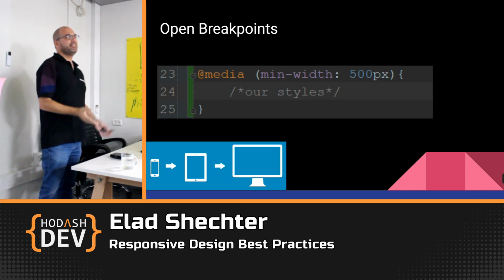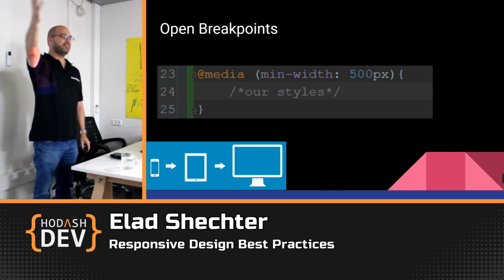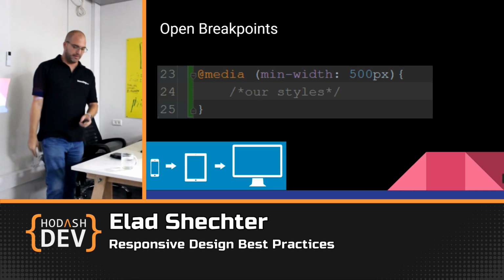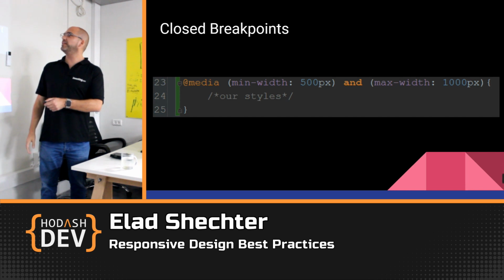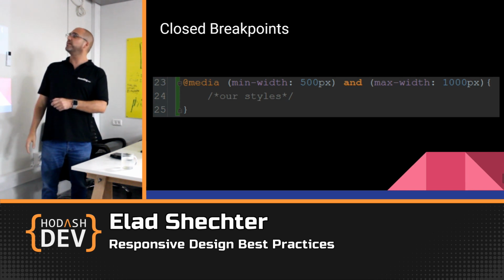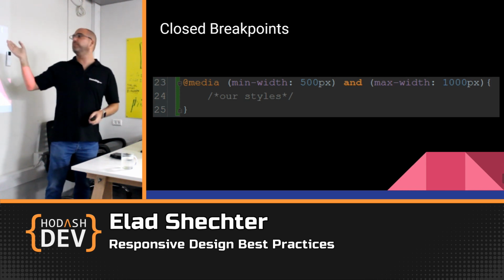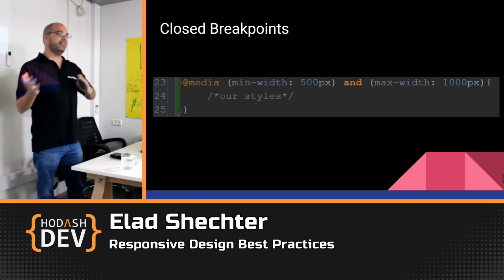It means that it's targeting a screen of 500 pixels, 1000 pixels, 2000 pixels, 4000 pixels, infinite. Yes, it's an open breakpoint. Close breakpoints have a start position, let's say for example a minimum width of 500 pixels, and have an end of, for example, a max width of 1000 pixels, with an opening and an end.